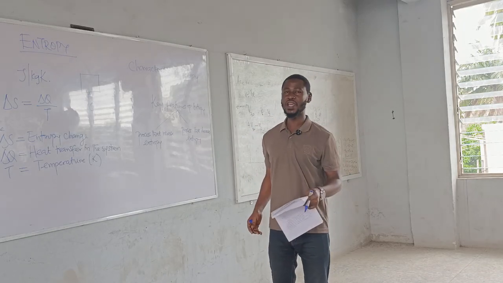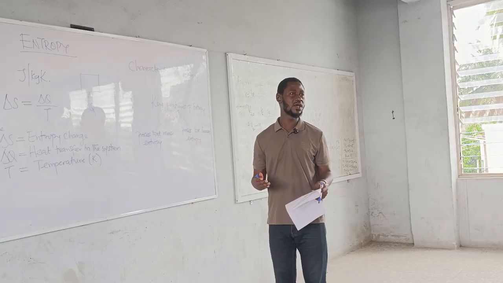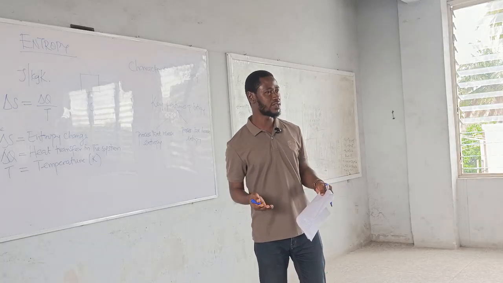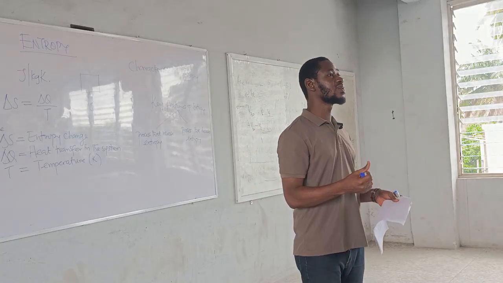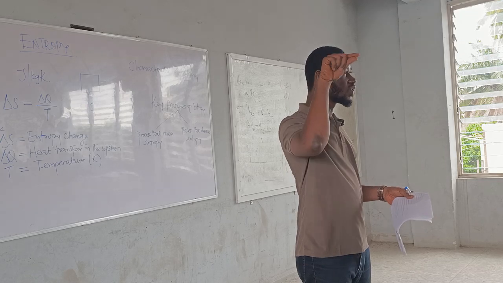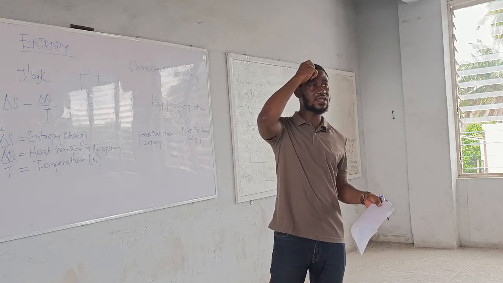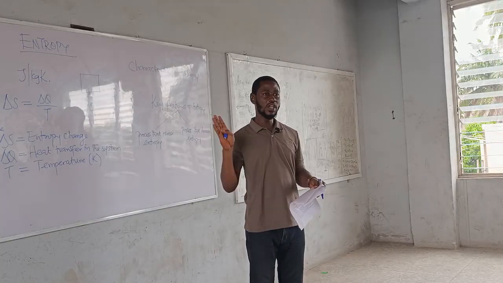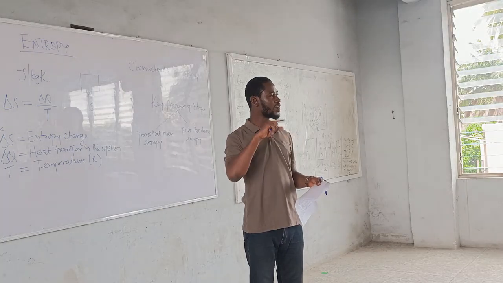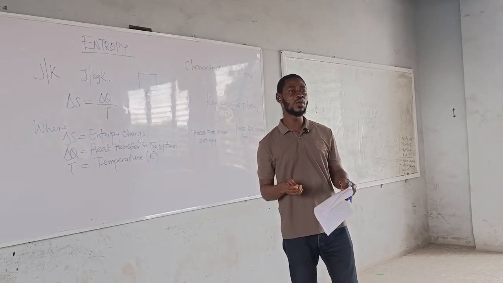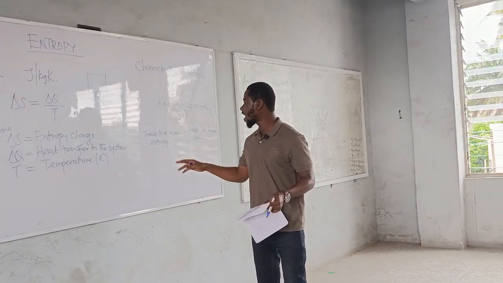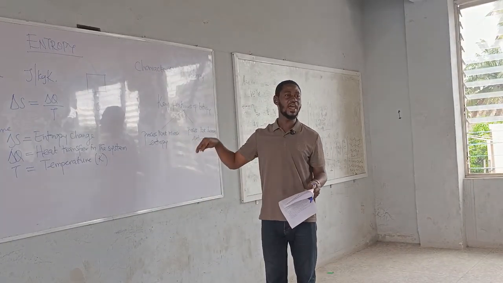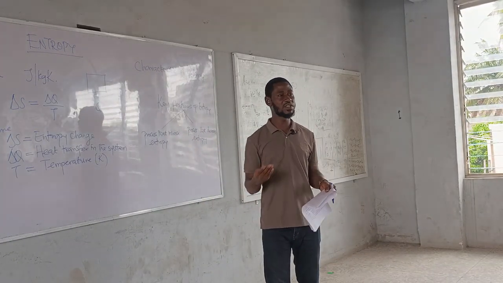And the fourth one is free expansion of gases. How does free expansion occur? This occurs when heat is being input into a given system. And lastly, heat flow from a hot substance to another fluid. These are some of the examples of processes that increase entropy in a given system.